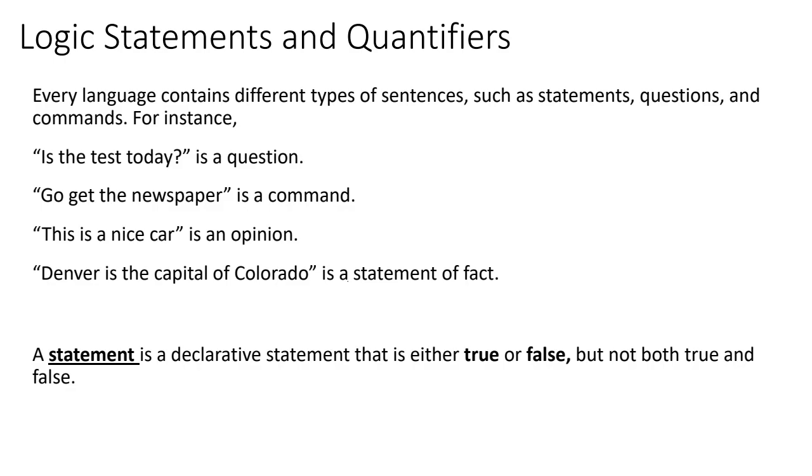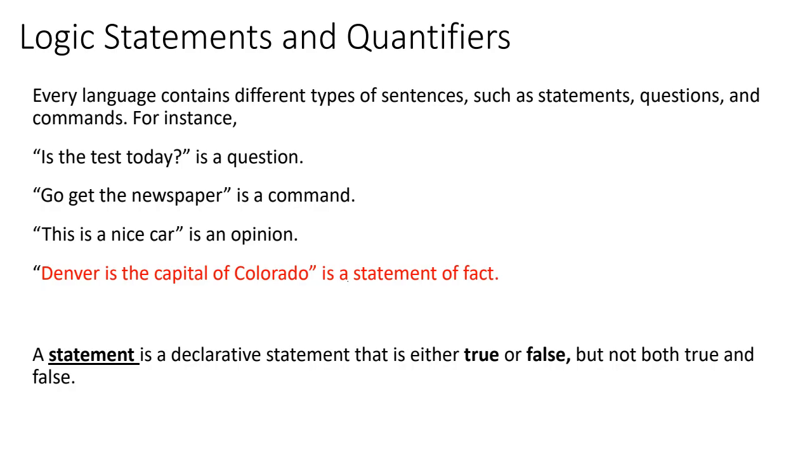Going back to the examples, the question, is the test today? In mathematics, we don't consider that a statement because we cannot say true or false. That's rather a question, so we cannot give it a truth value. Similarly, commands or opinions are not really statements in mathematics. Let's see examples. Denver is the capital of Colorado.